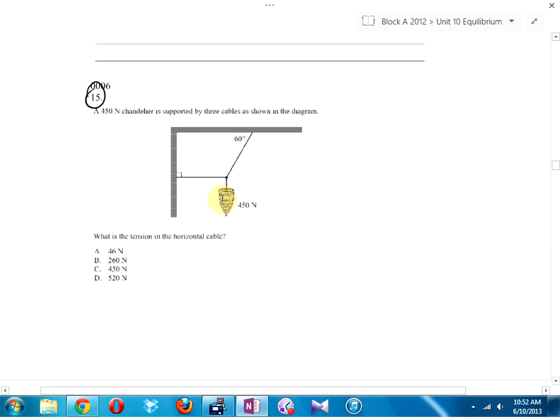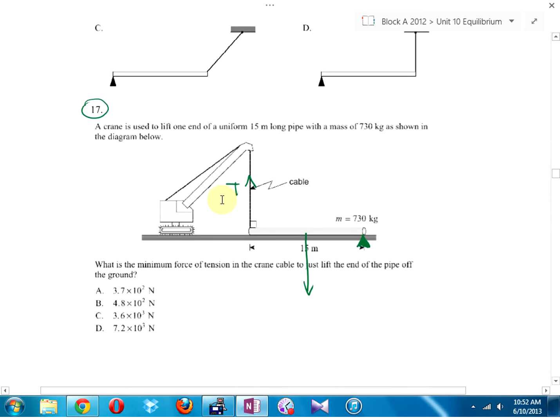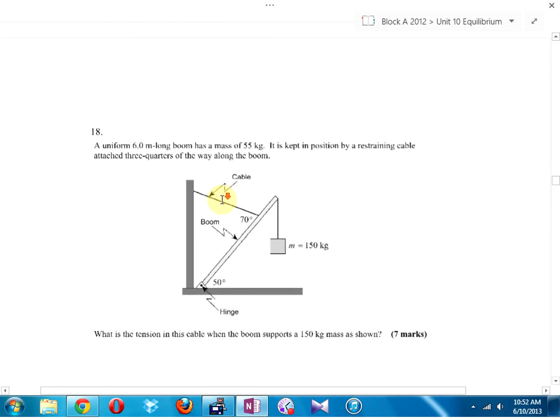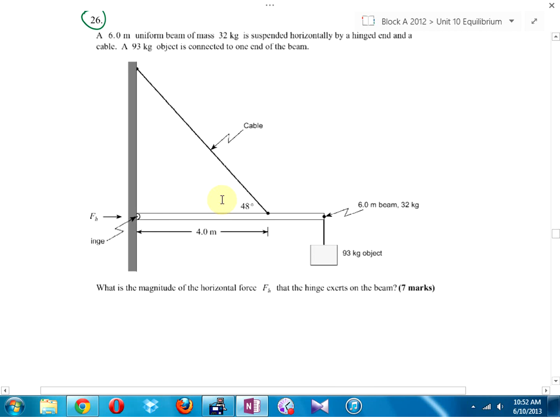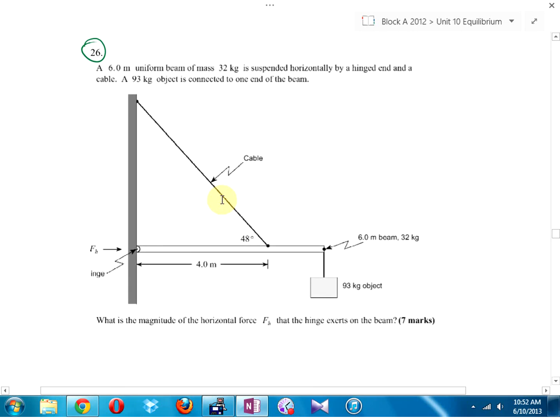I already assigned 13, 15, 17. And then 20 is asking you to find the horizontal force, FH. Really what you're going to need to find is the parallel component of tension, because they're the same. Remember that?